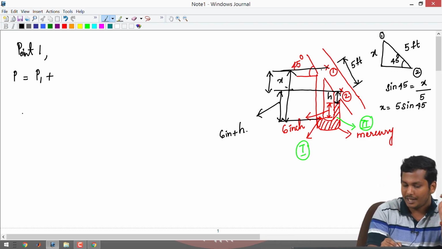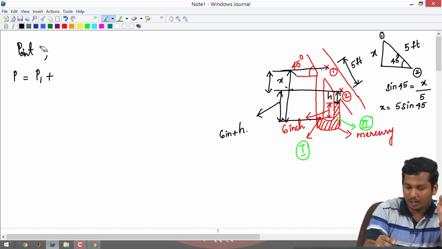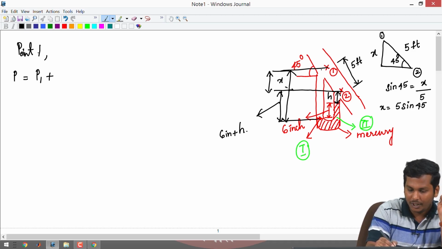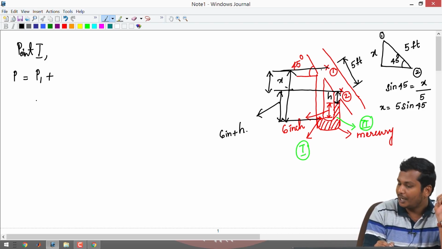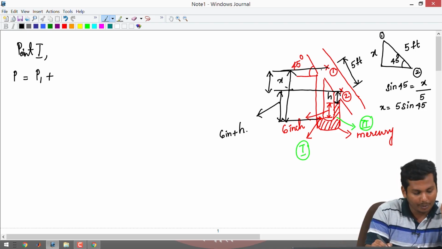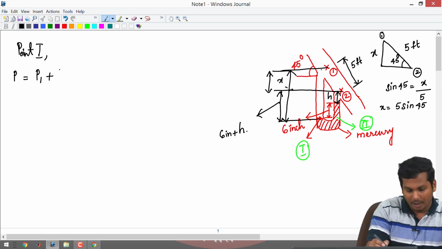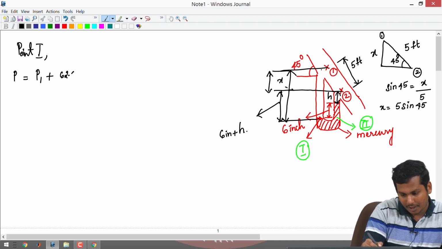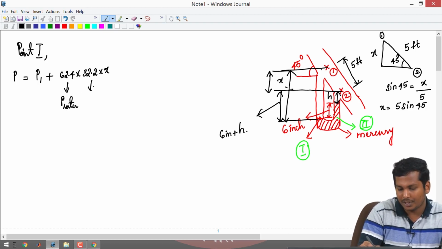So the pressure at capital 1 equals the pressure at point 1 plus the pressure exerted by the fluid in the region with a height of x, which would be 62.4 times 32.2 times x, where 62.4 is the density of water and 32.2 is g in FPS units, and we know that P equals rho g h.